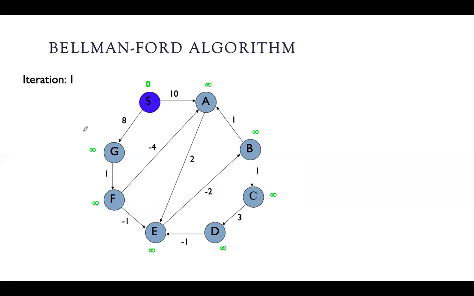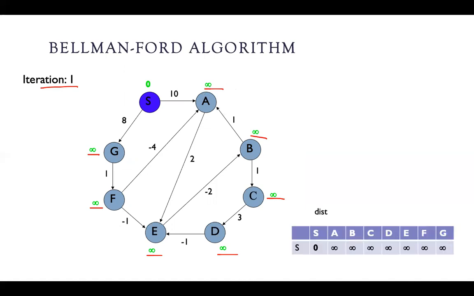We have not started the first iteration yet. Before that, see this: above each vertex, we have written infinity. This is nothing but the distance. The distance of each vertex, we have initialized to infinity, and the distance of the source is 0.